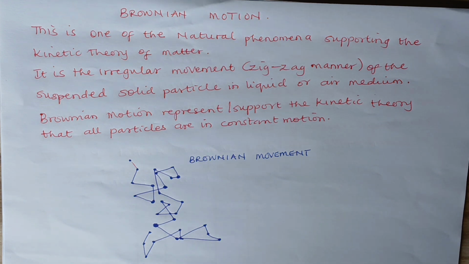You can see here that the solid particle is dispersed in the air medium, and there's a zigzag movement, and this shows that the kinetic theory of matter is true, though it can be adjusted, because that's why we call it a theory. A theory can be adjusted to form a law, and real gases do not obey the postulates of the kinetic theory, but Brownian motion is a natural occurrence that supports the kinetic theory of matter.